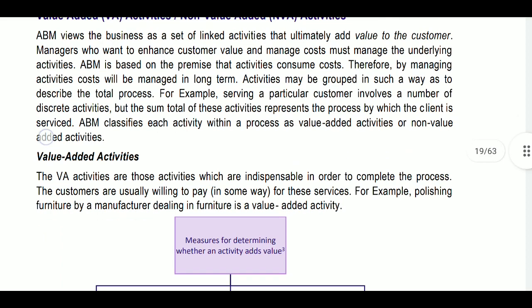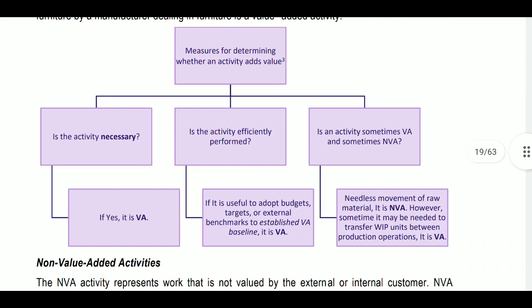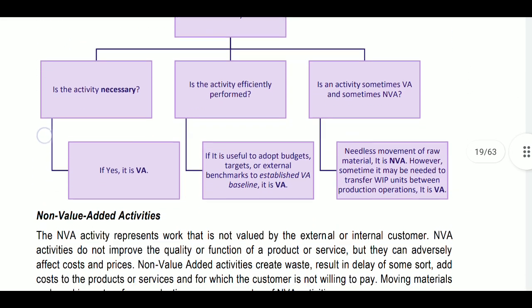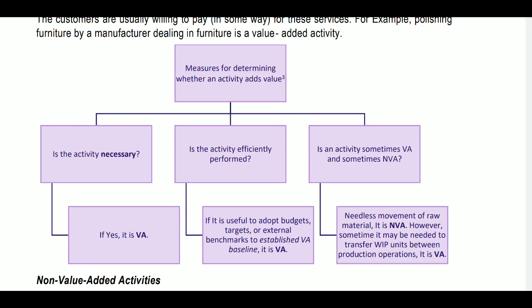Next, non value added activity. There are methods for determining whether an activity adds value. Is the activity necessary? If yes, it is a value added activity. Next, if the activity is efficiently performed, and it is useful to adapt budgets, targets or external benchmarking to establish a value added baseline, then it is value added.